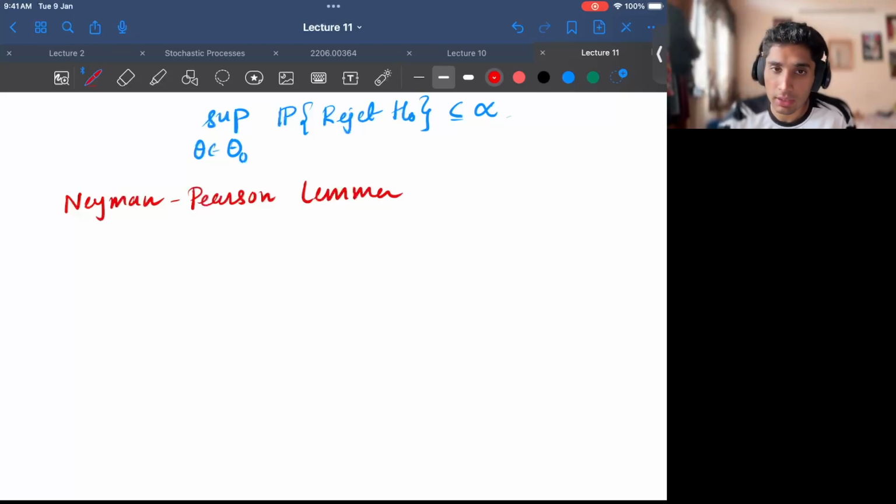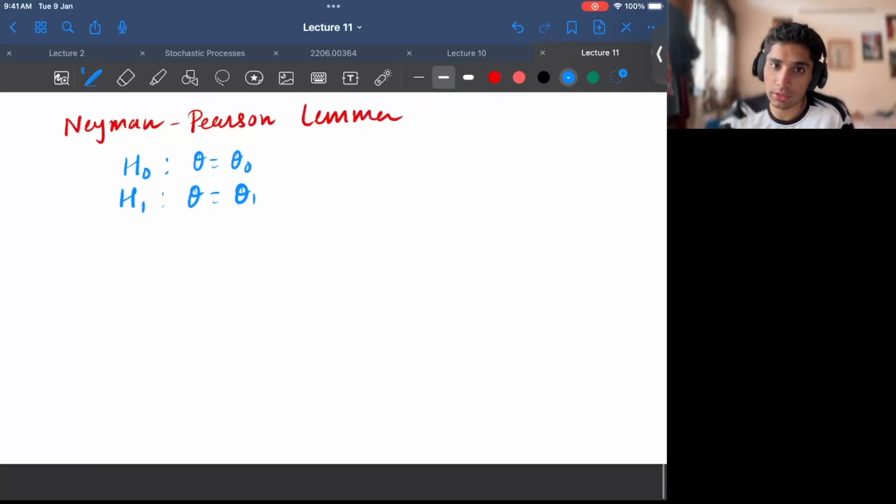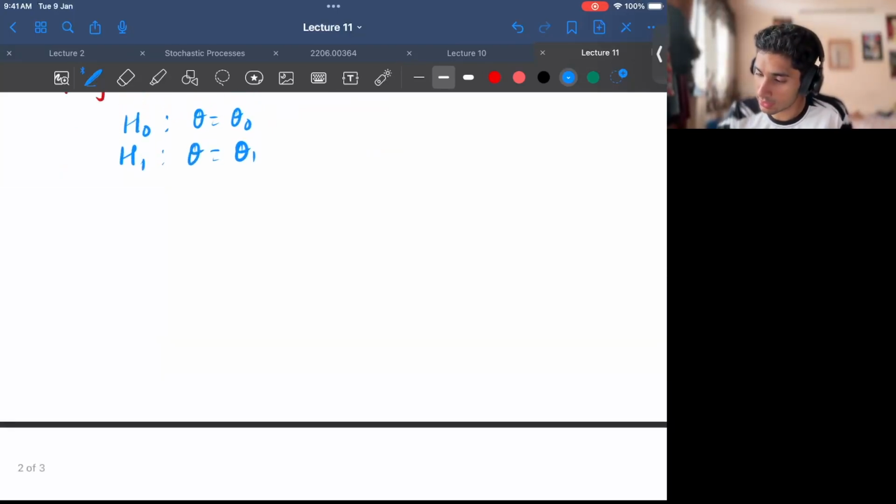What is it? You have your H naught that theta is equal to theta naught, so your parameter is theta naught, and there is an alternate hypothesis which says that theta is equal to theta one. So the Neyman Pearson lemma says that the most powerful test among alpha level tests.